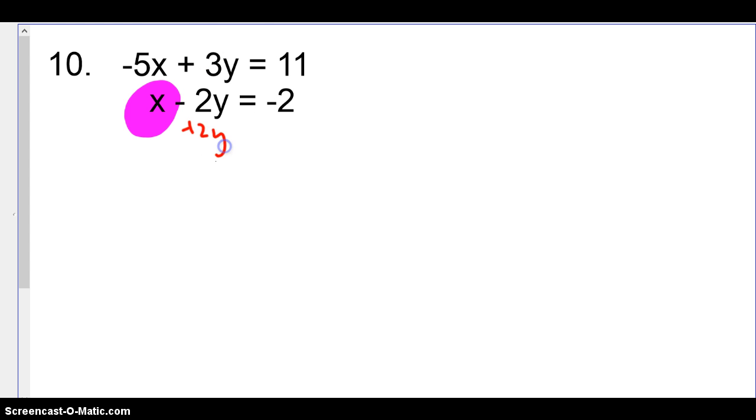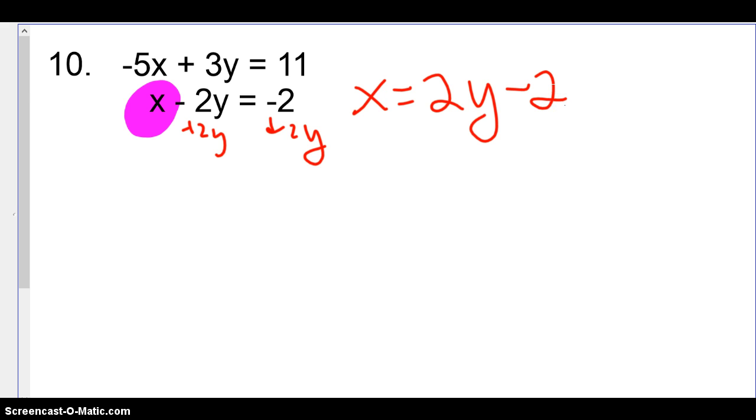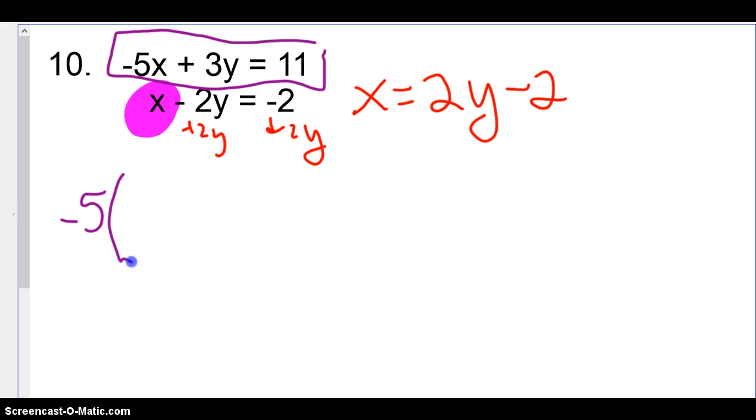Plus 2y. So x equals 2y minus 2. Are my signs right? Yeah. Okay. So now I go back into this one. Oh, I got purple. And I go negative 5 times whatever my x is, plus 3y equals 11.